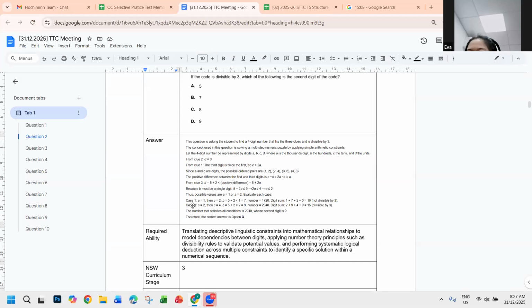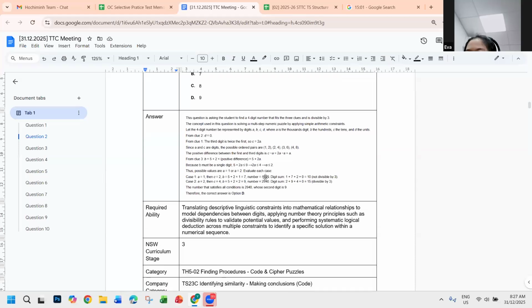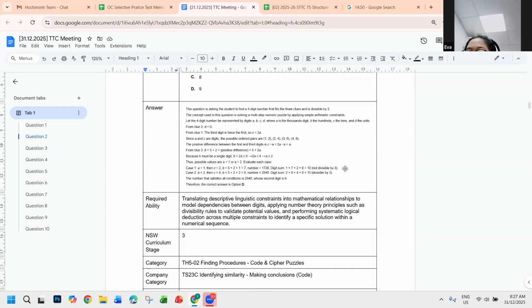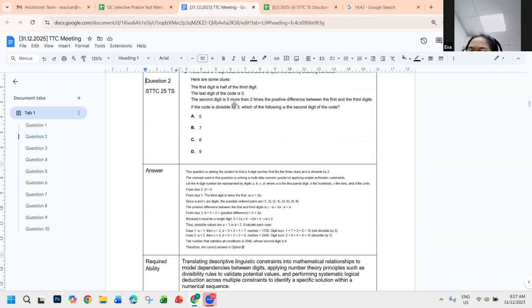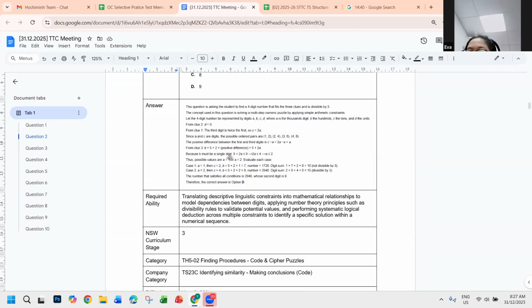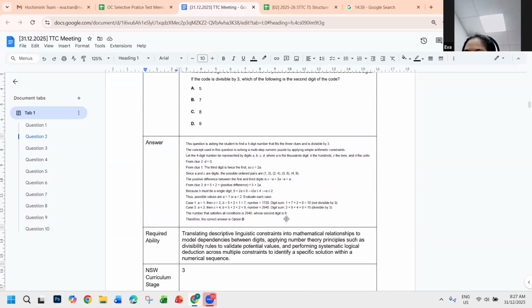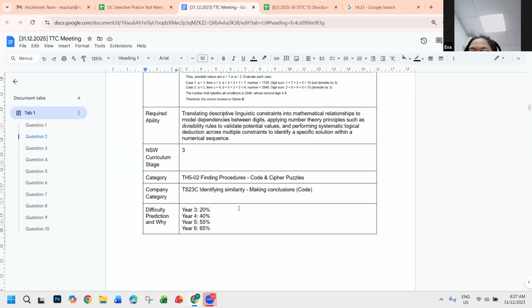From the clues, we find two possible numbers: 1050 and 2940. Between the two numbers, only the second number satisfies the condition that the code is divisible by 3. So we find the second digit of this number is 9. The correct answer is option D.